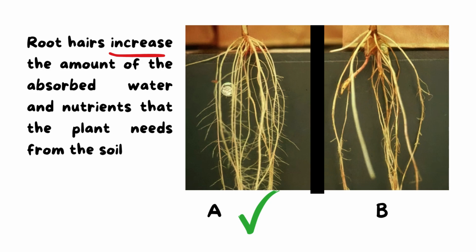Yes, that the roots in picture A, which have more root hairs, will absorb more water and nutrients than the roots in picture B. Why? Because root hairs increase the amount of absorbed water and nutrients. Those tiny branches increase the amount of absorbed water and the nutrients that the plant needs from the soil.